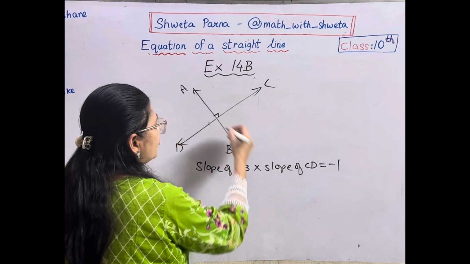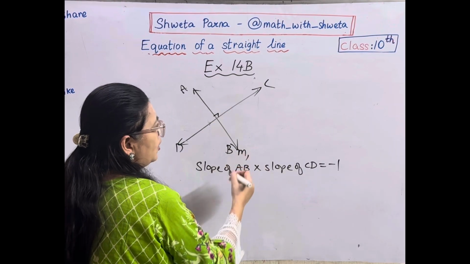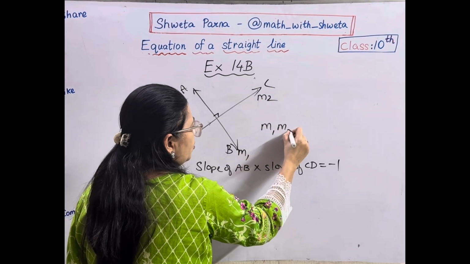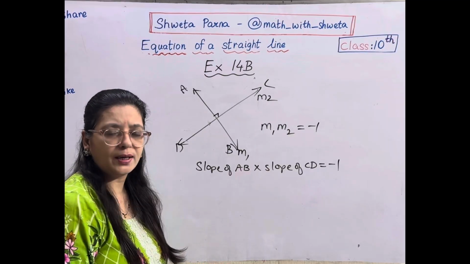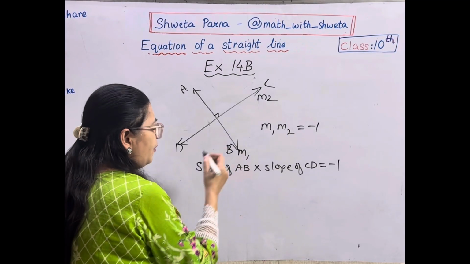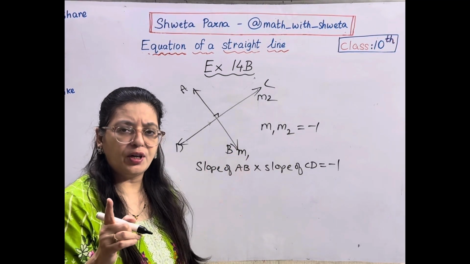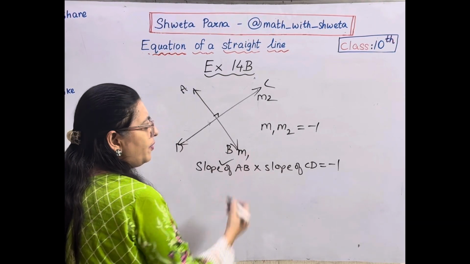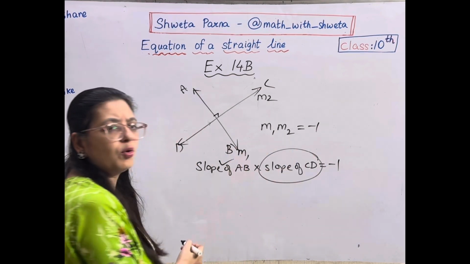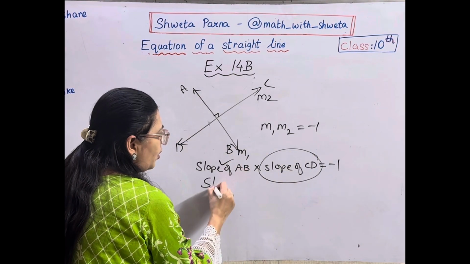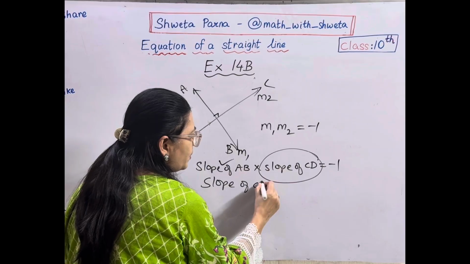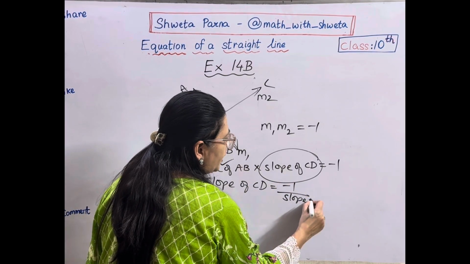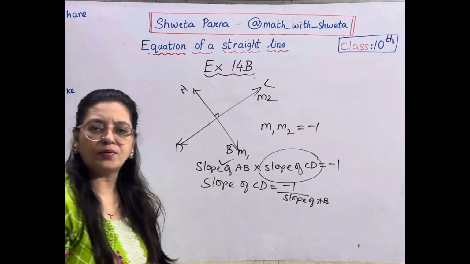Say if I take the slope of AB as M1, the slope of CD as M2, that means M1 into M2 should be -1. Also children, if the slope of one line is given to you and they ask you to find the slope of the other line, say AB is given to you and they have asked you to find the slope of CD, so the slope of CD would be, just remember this, -1 upon the slope of AB, whatever slope you have got for AB.